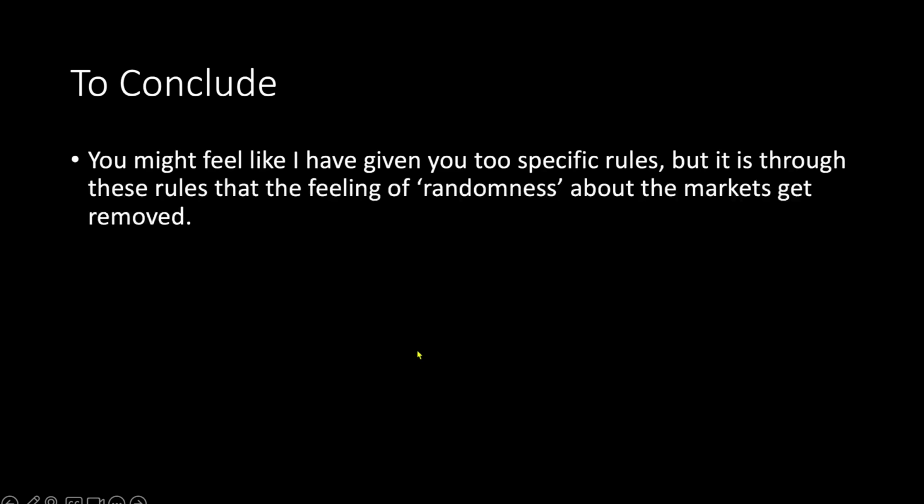To conclude, you might feel like I have given you two specific rules, but it is exactly through these rules that the feeling of randomness about the markets gets removed. Because by giving yourself first of all a structure through which you internalize price action, a lens through which you view the markets that is based along the economic calendar, the environment, and then going down into the lower time frames to look for very specific characteristics of algorithmic order flow, you begin to see signs that repeat.